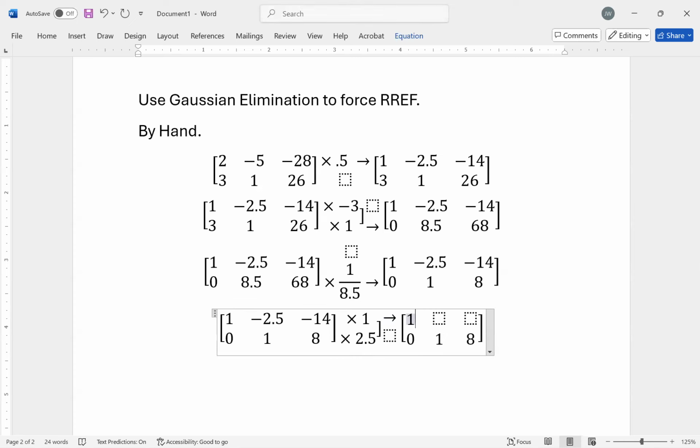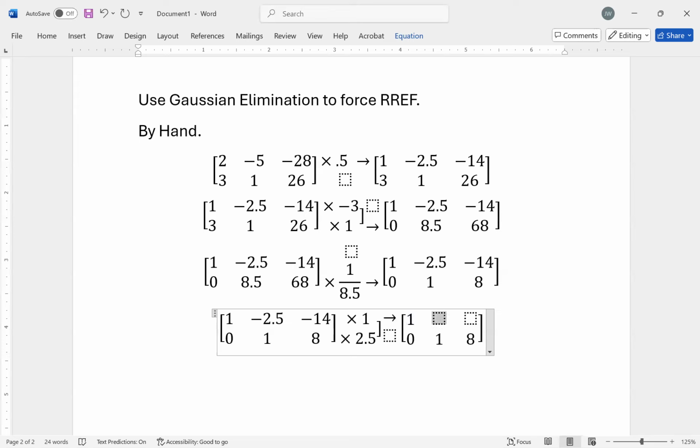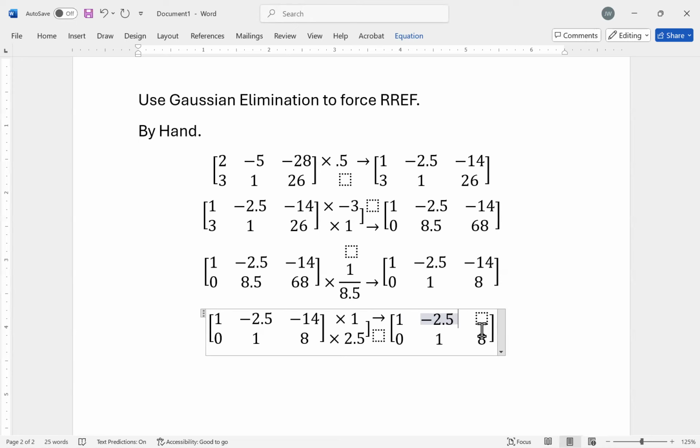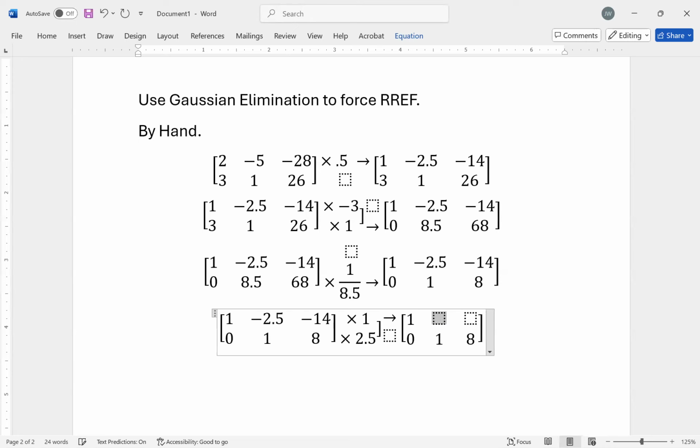So 1 plus 0 basically is my first entry, which is a 1. My second entry is going to be negative 2.5 times 1 plus 1 times 2.5. Notice that gives me a 0, which is exactly what I wanted.